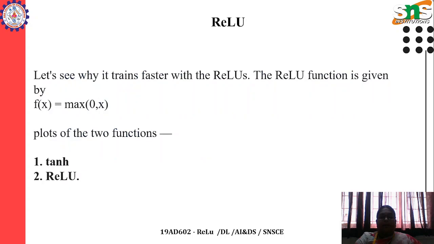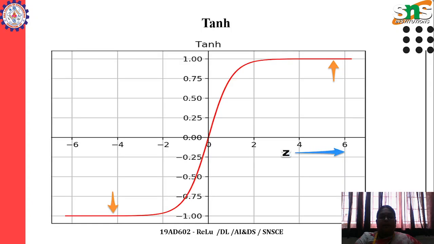So let's see why it trains faster with ReLU. We use this rectified linear unit to train the convolutional neural network. It overcomes the drawback, and it is given by f of x is equal to max of 0 comma x. We are going to plot two functions, tanh and ReLU.